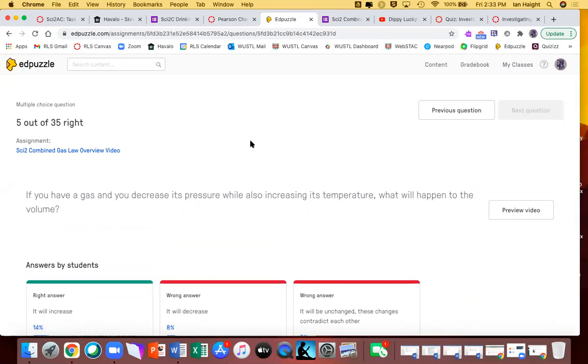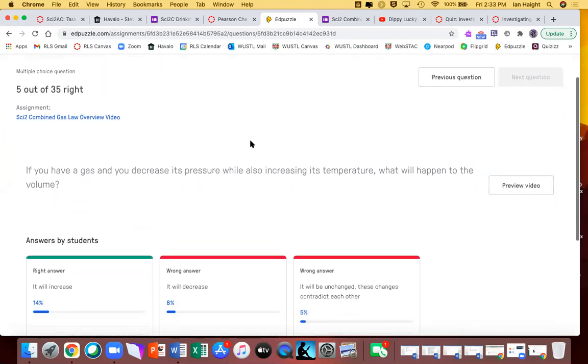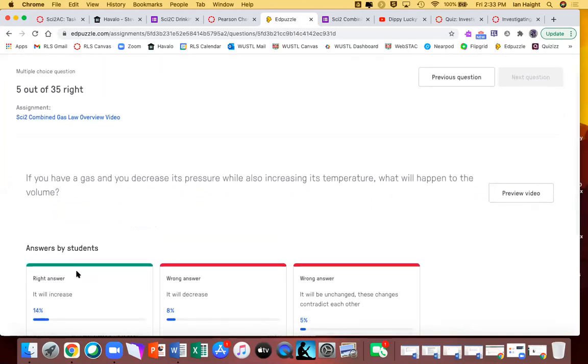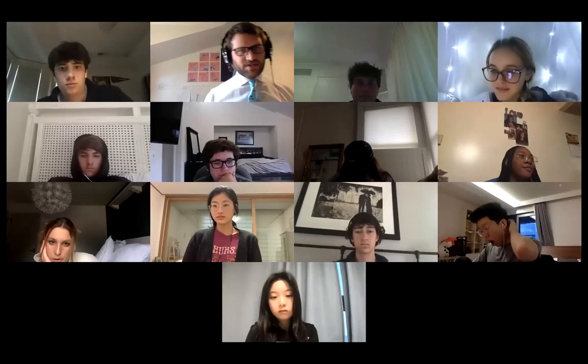And volume and temperature have a directly proportional relationship. So if you're also increasing the temperature, that's also going to increase the volume. And so the correct answer indeed was it will increase for 2 different reasons, right? So that's really the gist of this, more so than the math, is just getting down those patterns. Questions or comments on that?